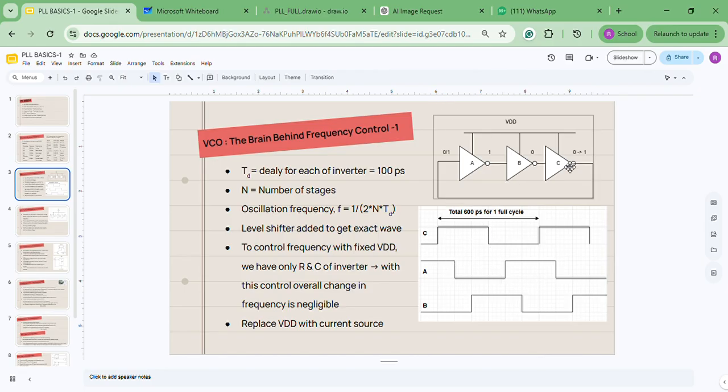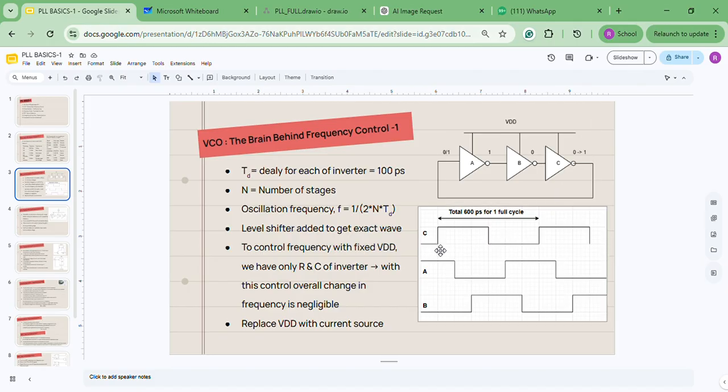First I can explain. Suppose the initial state of inverter C is 0. This is the C waveform, if my screen is visible. So C is 0, and from 0 to 1 there is a transition. During that transition, let's see how the other signals, the outputs of A and B, behave.